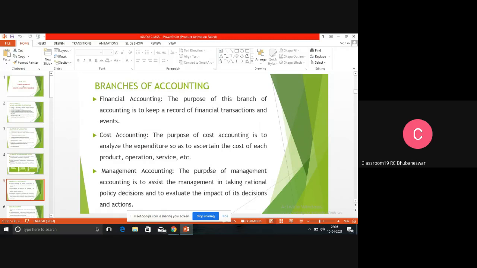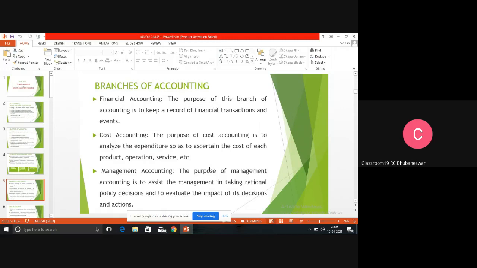After that, when the refined form of accounting came, the need for management accounting was felt. What is the need of management accounting? In management we have read there are three levels: top level, middle level, and lower level. The decisions and policies are made by the top level and implemented by the lower level authorities.